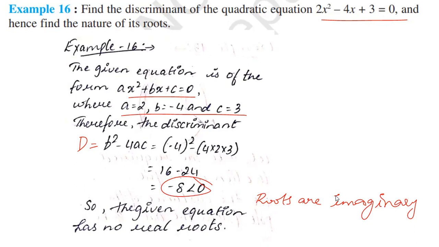You can conclude it like this. So this is how any other equation which is given, you will be finding the discriminant by this method, and then you will say the nature of the root based on the value of the discriminant you have got. Right. Next question.